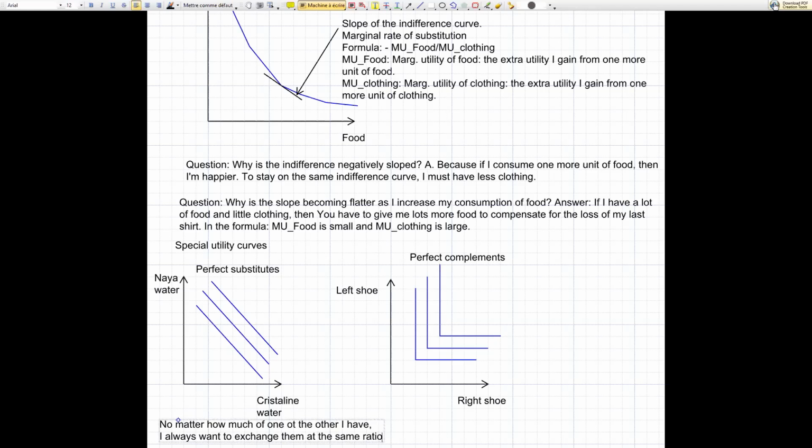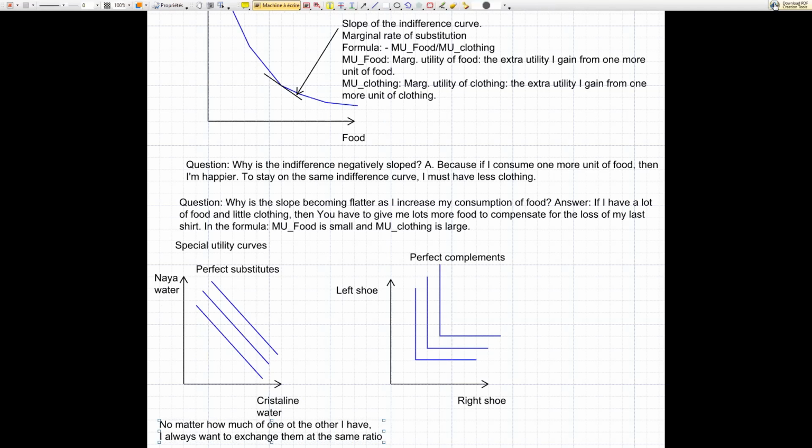So if I think that one bottle of crystalline water is worth one bottle of Naya water, then if I have 10 Naya bottles and no crystalline water, I'm going to trade them one to one. If I have 10 crystalline water bottles and no Naya water bottle, I'm still going to trade them one to one.